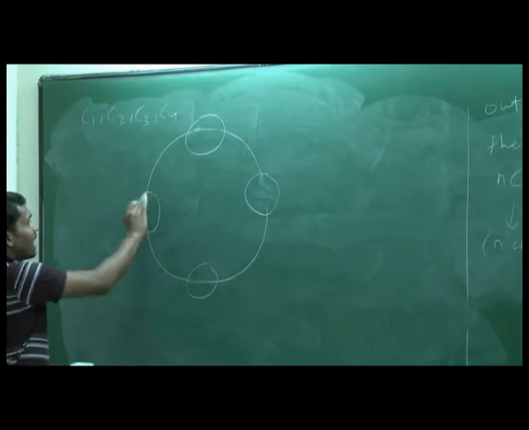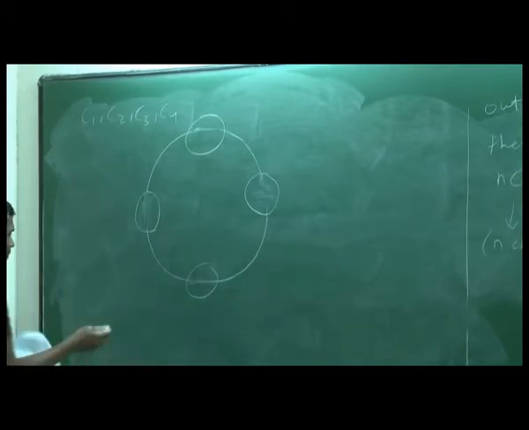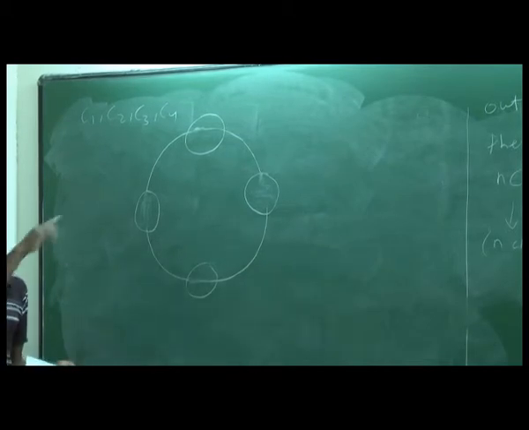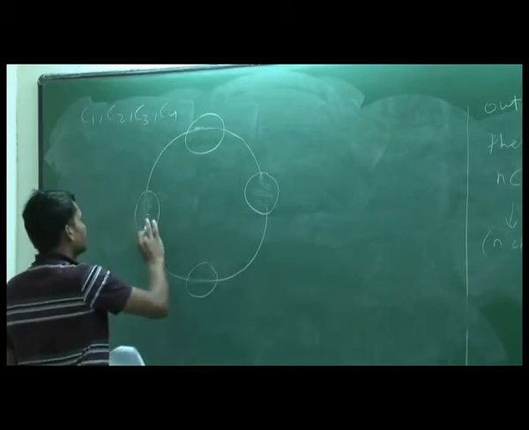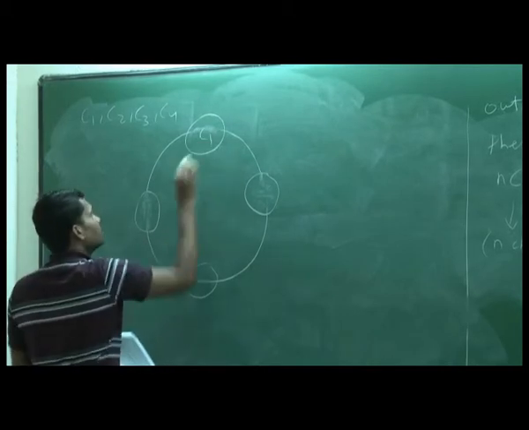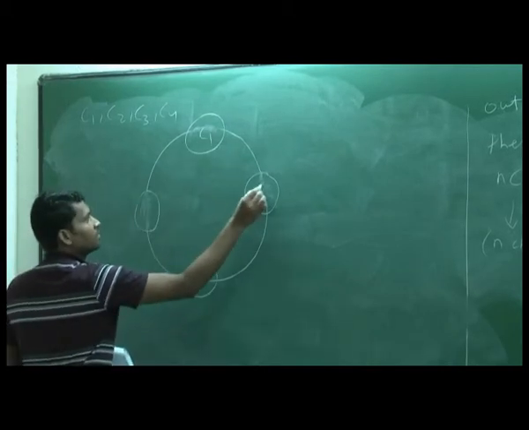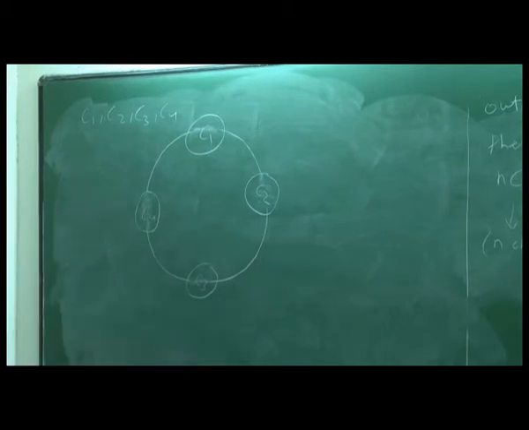So, as we have studied previously, we should say 4 factorial ways we can arrange these things. But is this correct? Let us check whether this is correct or not. Suppose we take one arrangement here: C1, C2, C3, C4.